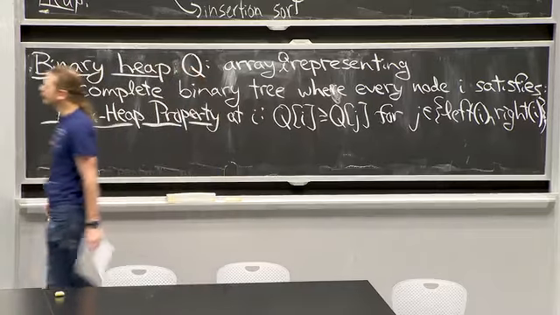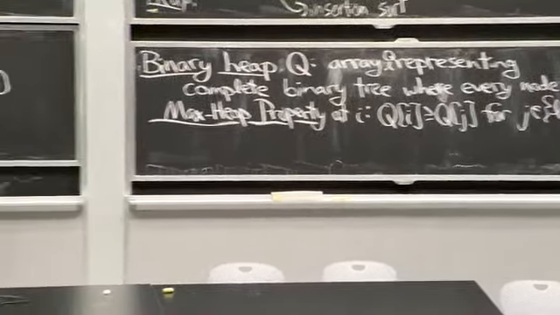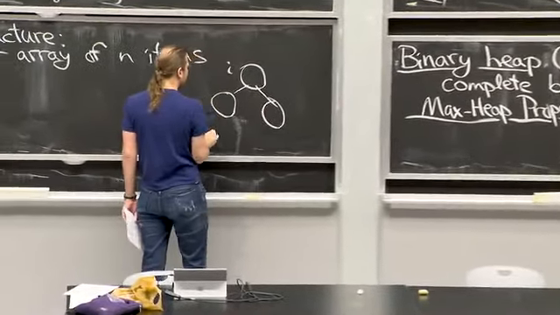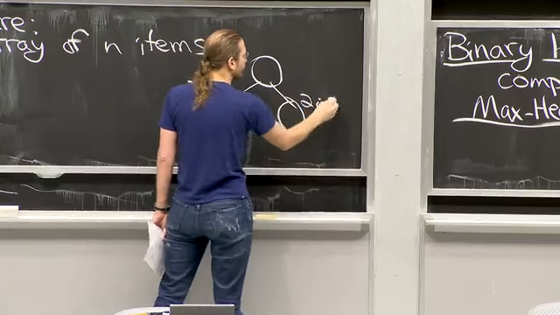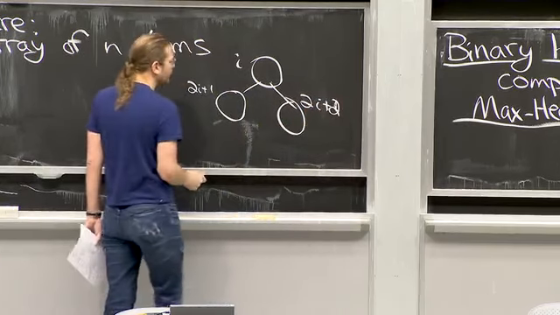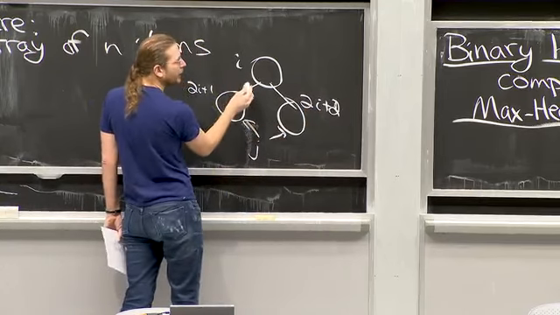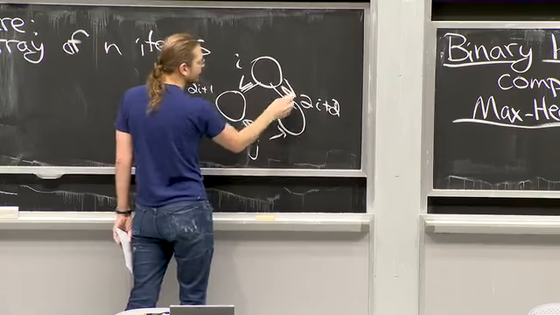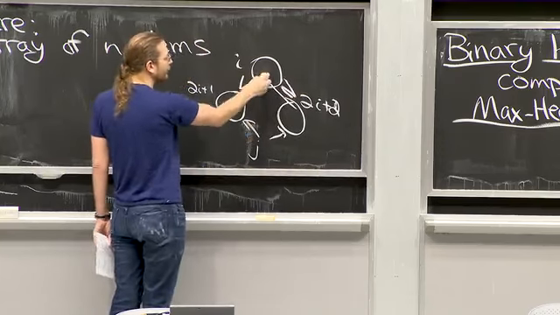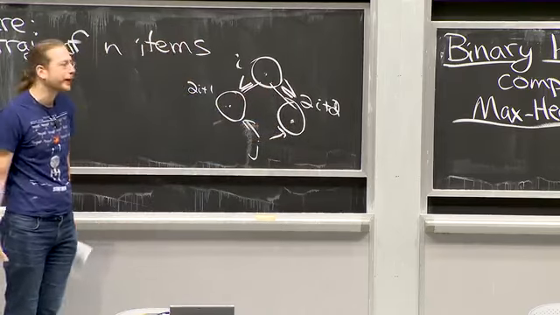So we have a node i, and it has two children, 2i plus 1 and 2i plus 2. These are our two values of j. What we want is a greater than or equal to relation here and here. So this node should be bigger than both this one and this one. Which of these is larger? We don't know, and we don't care.